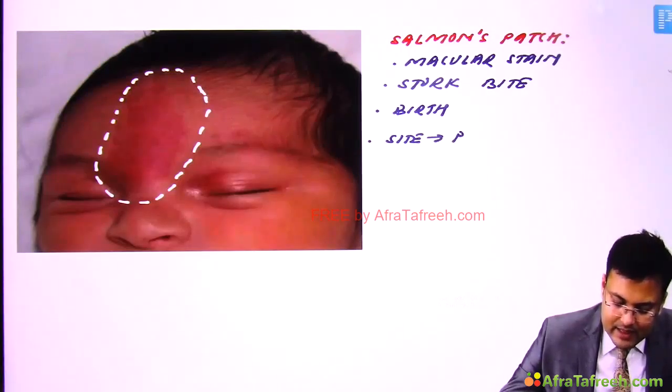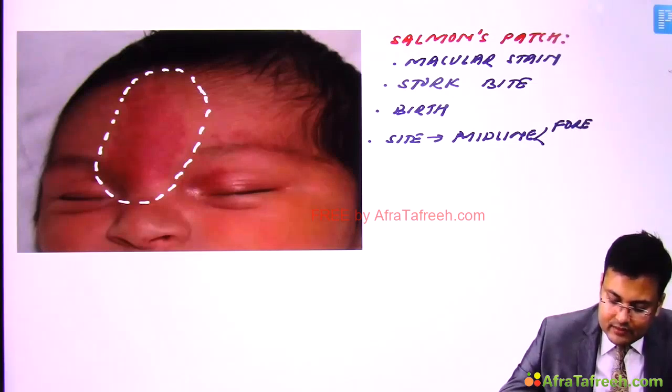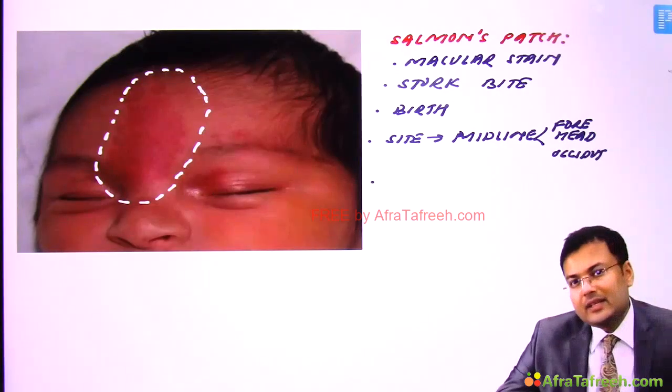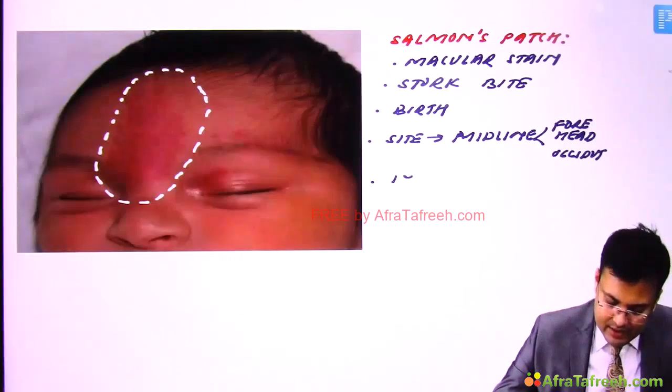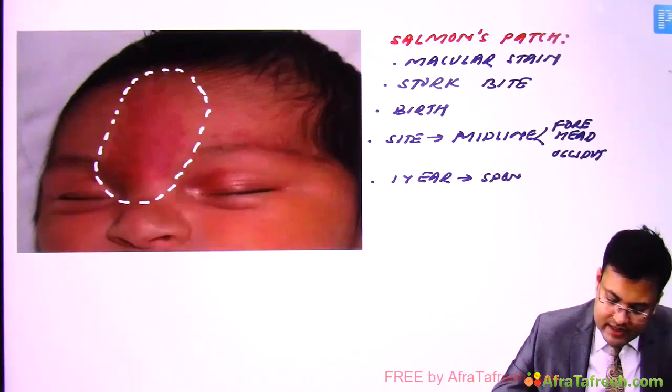It is present in the midline, usually where? Starting from forehead till occiput. Clear? And it regresses spontaneously by what age? By 1 year. There is spontaneous regression.